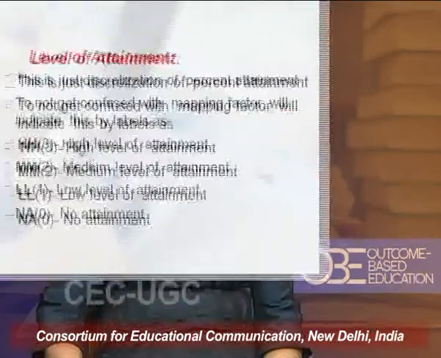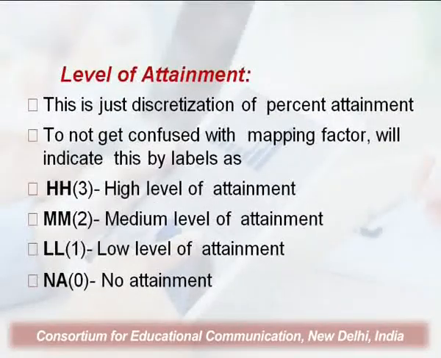Now, what is the level of attainment? This is just a description of the percentage attainment. To not get confused with the mapping factor, we indicate this by the labels HH, the high level of attainment, which we call 3, MM, which is 2, the medium level of attainment, and LL, which is 1, a low level of attainment, and NA, that is 0, no attainment of the PO and CO mapping, when you talk about the attainment level of the CO, PO, PEO and PSO mapping.